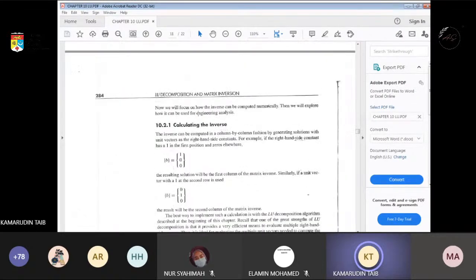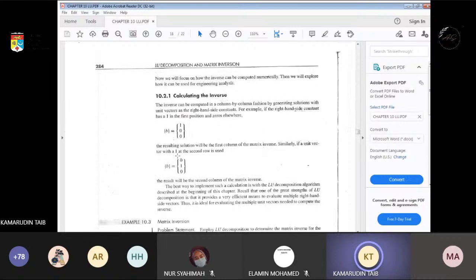How to use the LU decomposition to find the inverse matrix? The inverse can be computed in a column by column fashion by generating solutions with a unit vector as the right hand side constant. For example, if the right hand side constant has a 1 in the first position and 0 elsewhere, the resulting solution will be the first column of the matrix inverse.